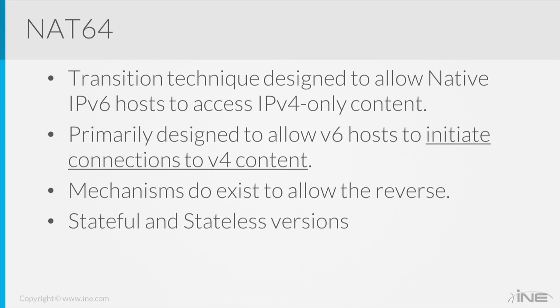Like 6to4 usually has an IPv6 prefix that starts out with 2002 in the first IPv6 word. Well, in NAT64, if you're using stateful NAT64, you can have any IPv6 prefix you want. Now, if you're using stateless NAT64, you are kind of restricted in how you're going to create your IPv6 prefixes.